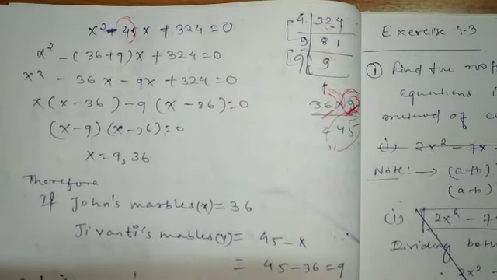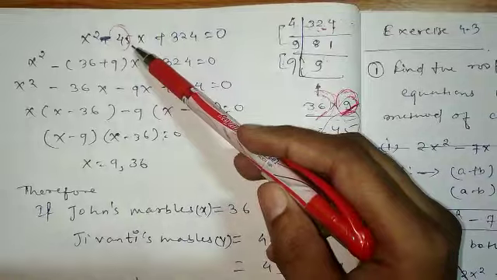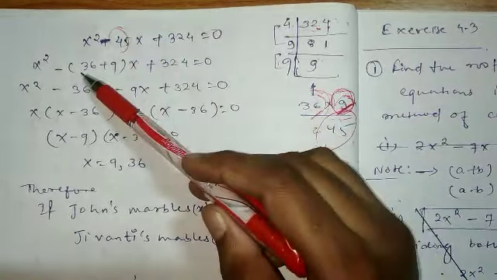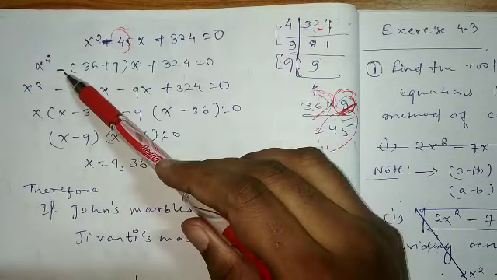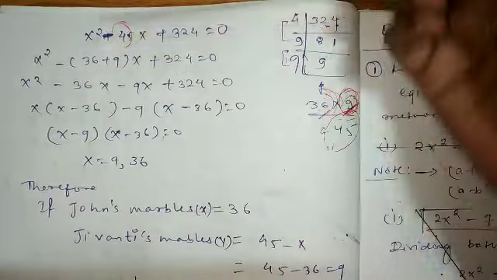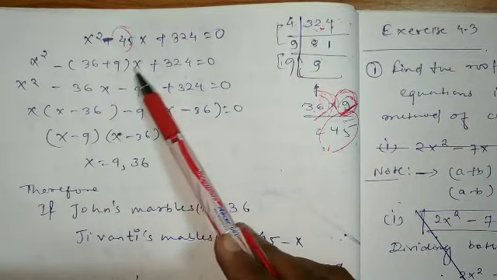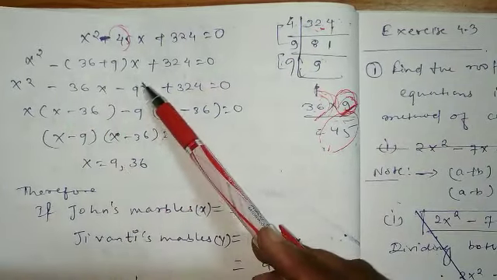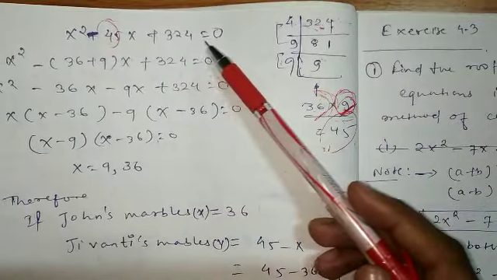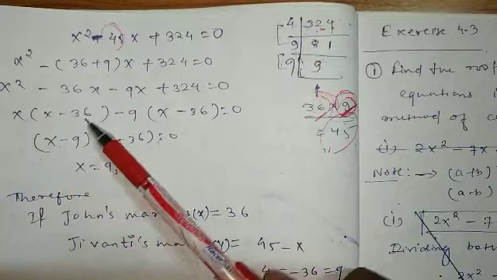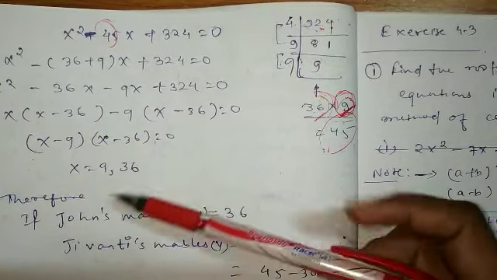Now, I have written here that 45 is 36 and 9. This is a minus sign, so be very careful with the minus sign. After multiplying this minus sign inside the bracket, you will get minus 36x minus 9x plus 324 equals 0. Again, same method.